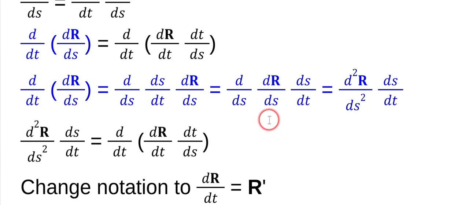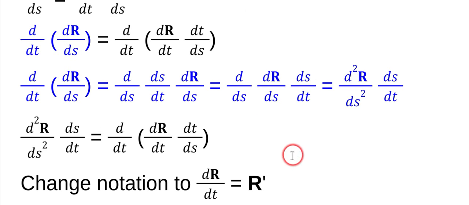Well, what are we going to do with this? Because this gets real messy, I'm going to change anything differentiated with respect to t, that one, and this one, to an r prime. Now, traditionally, this is done with an r dot, but in Google Docs, putting that dot over that r is hard, and putting a double dot over is impossible. So I gave up. Let's just go with the prime.